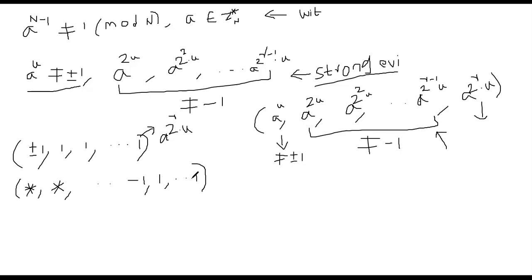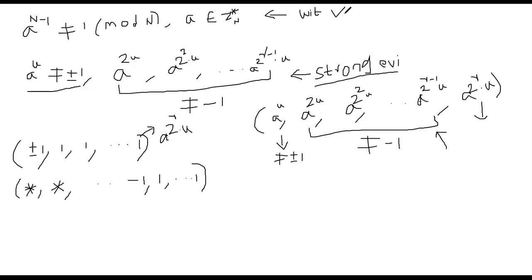Okay, and now let's think about what it means in both scenarios. In the scenario that the first element, a power u, turned out to be equal to plus or minus 1, in that case, where are we ending? The last element is 1. Which means the element a cannot be evidence from the context of Fermat-Euler discussion, right?